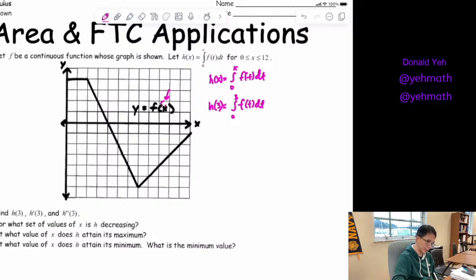So t is just another variable, doesn't matter in this case. So basically it's integration between 0 to 3. That's 10, that's 11. That's equal to 11.